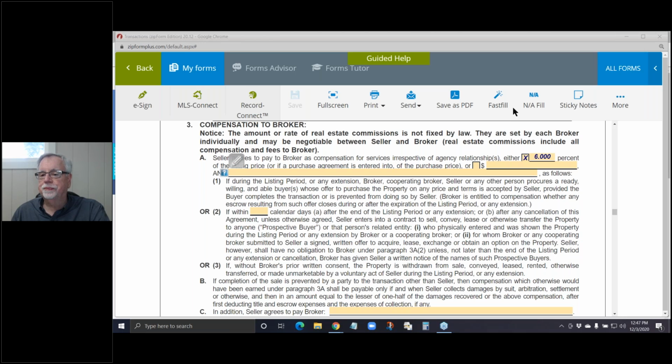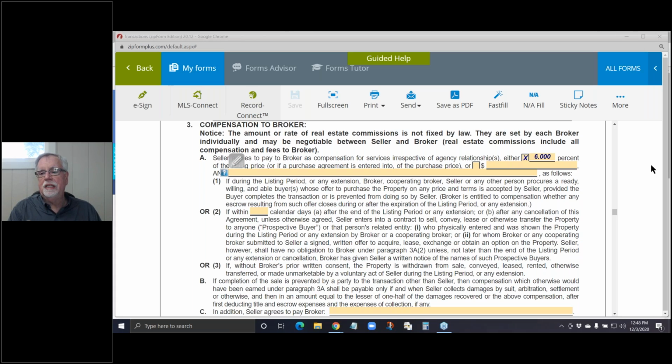The problem with discussing with the seller, if I get you over a certain price, I want more money, is that you're kind of saying I'm not going to try as hard to get you this price. But whatever you want to negotiate, you can do it. You put it in here.